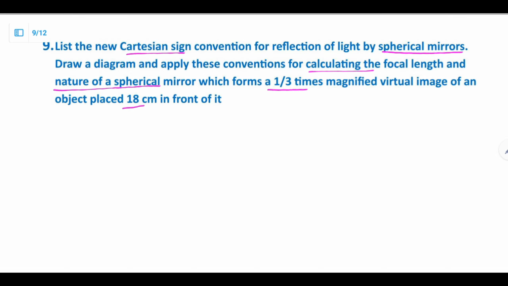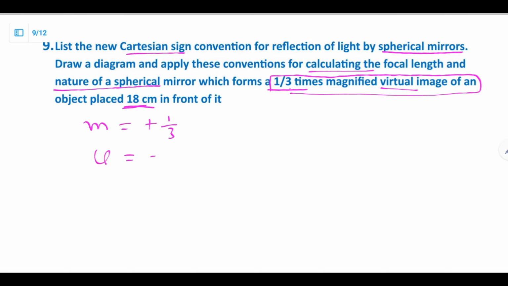Now this question is regarding the convex mirror. Why? Because it forms a 1 by 3 times magnified virtual image of an object placed 18 centimeters in front of it. First of all, what is the magnification given? M equals plus 1 by 3, because as given it is a virtual image, and object distance u equals minus 18 centimeters.